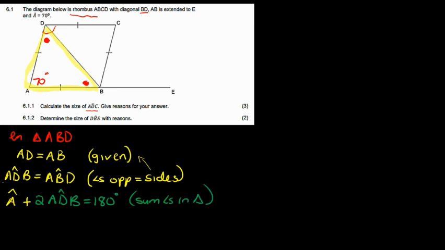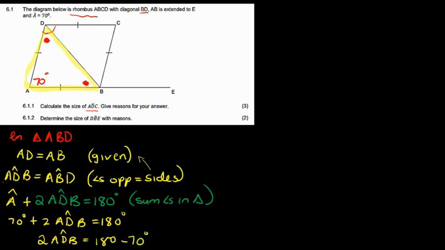And then let's substitute what we have. We know that that's 70 degrees plus 2 times angle ADB, which is equal to 180, right? So we will have 2 angle ADB is equal to 180 minus that 70 degrees.